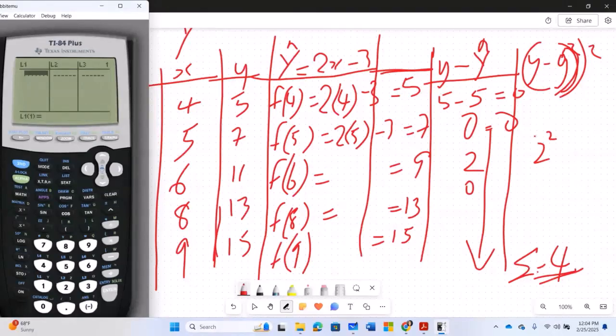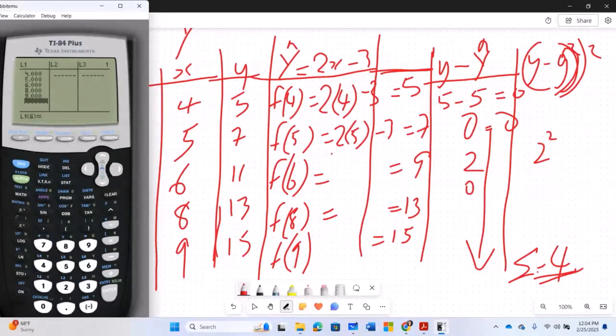Okay, so let me put my x in L1. So 4, enter. 5, enter. 6, enter. 8, 9.